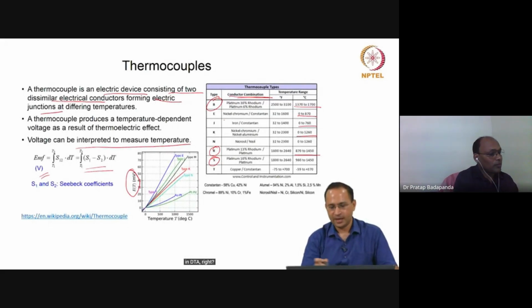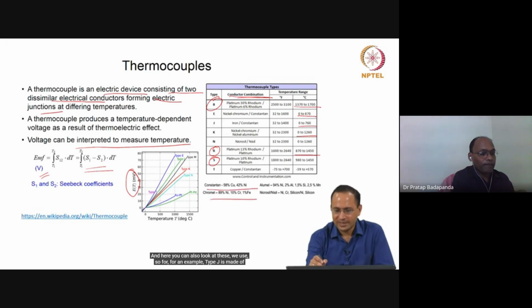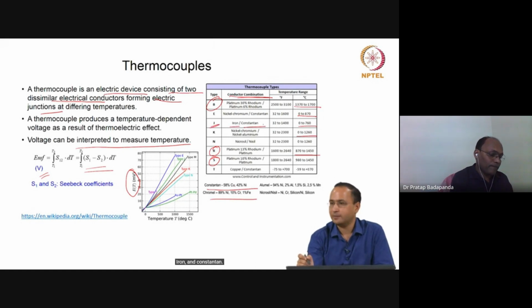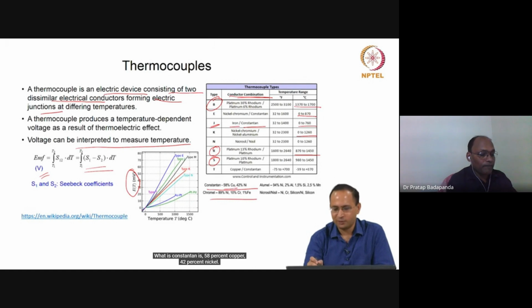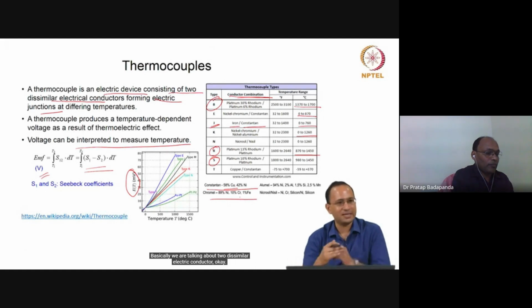And here you can also look at these we use. For an example, type J is made of iron and constantan. What is constantan? It is 58% copper, 42% nickel. It gives you composition also. Basically we are talking about two dissimilar electric conductors.